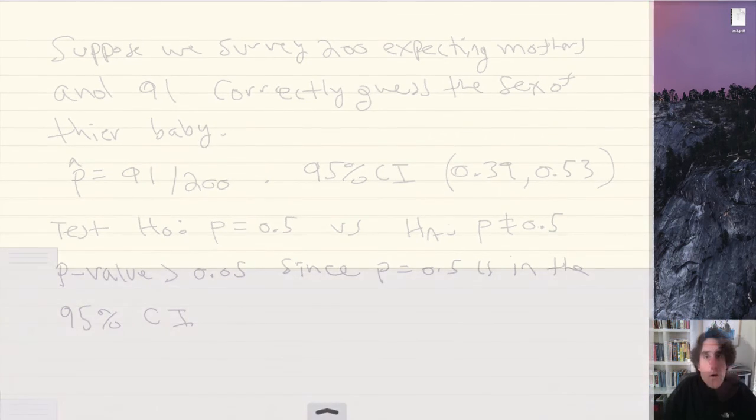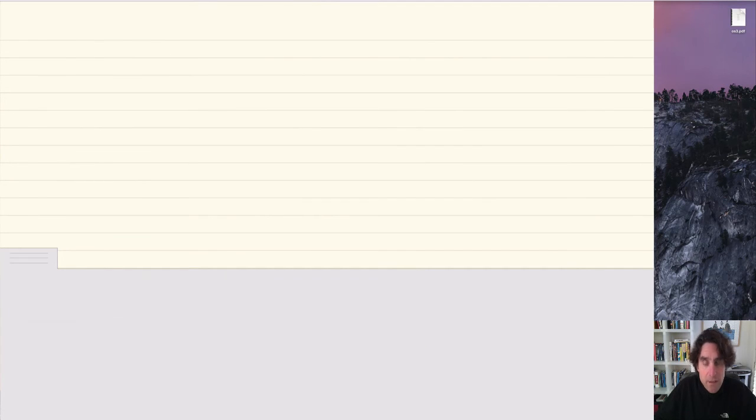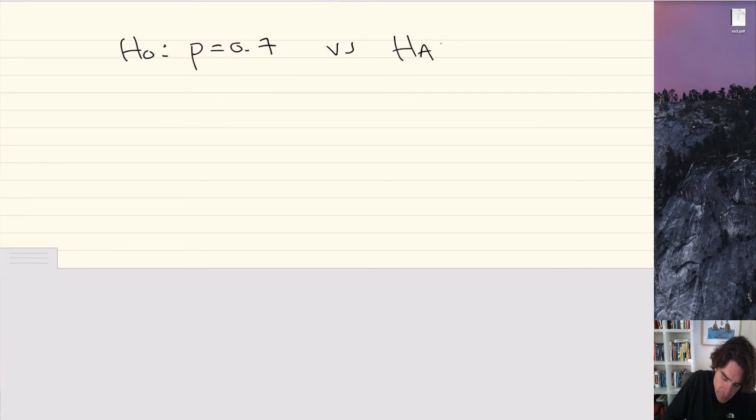What if we were testing this null hypothesis, that p was equal to 0.7 versus the alternative, that p is not equal to 0.7? What does the 95% confidence interval tell us here?